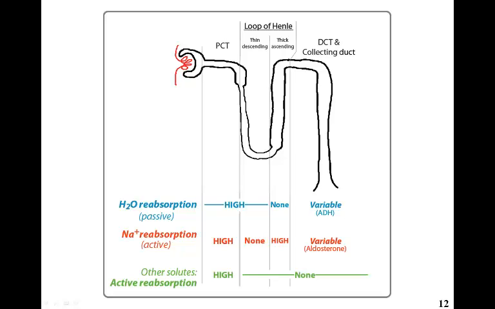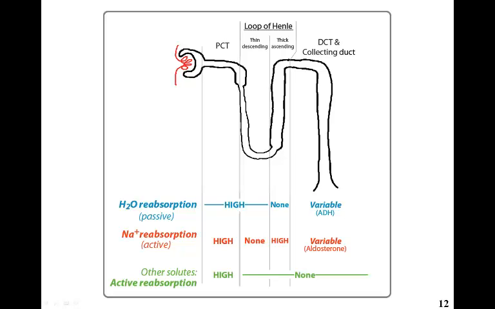Then in the thin descending loop of Henle, you get lots of water passing out, but no sodium reabsorption. These cells do not pump sodium out. And then the thick ascending limb, you get the opposite.